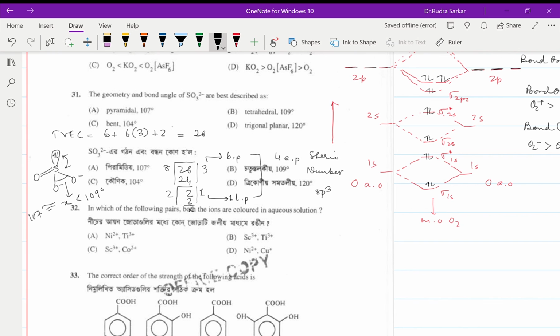Now, since there are only 3 bond pairs and only one lone pair, for the structure we will not consider the lone pair. So without considering the lone pair, this particular molecule will have a pyramidal structure. Okay, so the geometry over here we will say is pyramidal, and the bond angle will be around 107. Okay, that should be our correct answer over here.